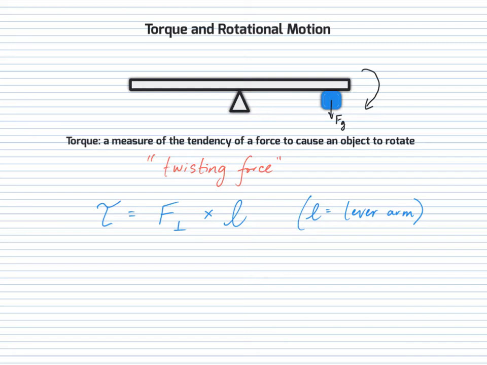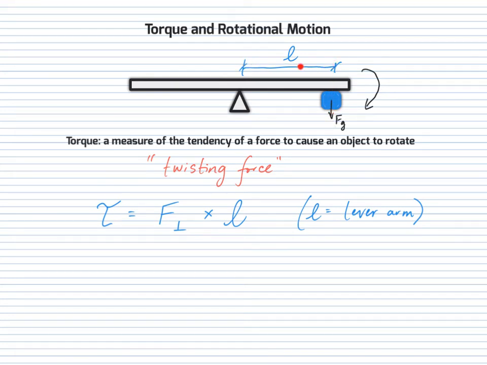Notice that this force of gravity is acting perpendicular to the lever arm. The lever arm is the distance that force is acting from the axis of rotation. In this case, the axis of rotation is this fulcrum. So here's my axis of rotation, here is my lever arm, and here is my force that's acting perpendicular to that lever arm.